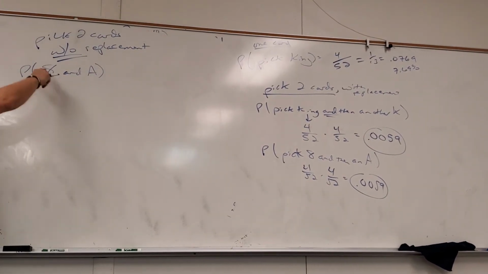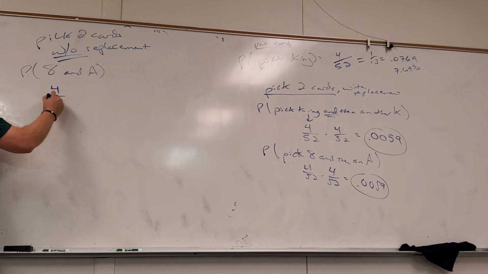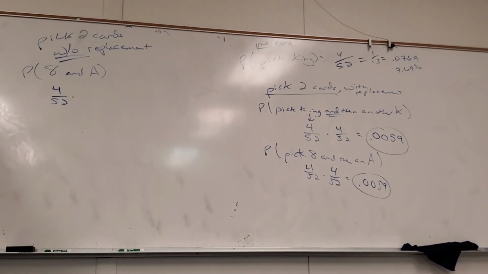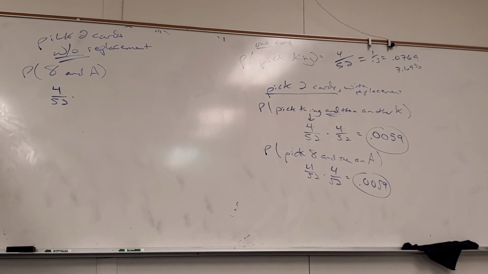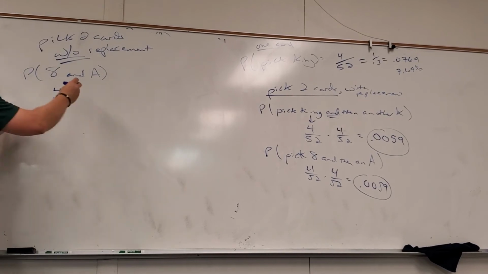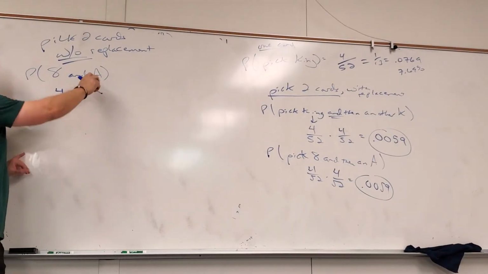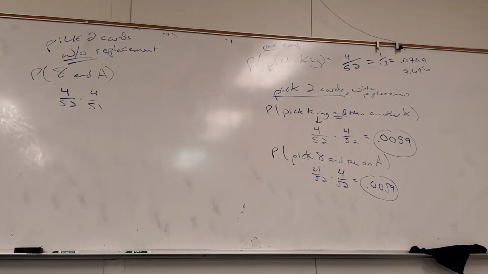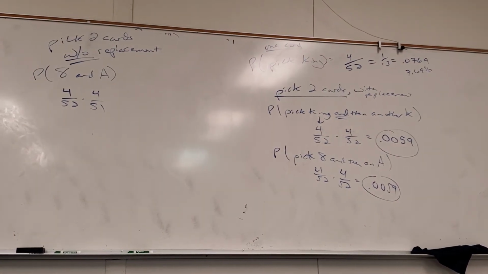Multiplied by the probability the first one's an 8 is 4 out of 52, but then I throw it away. I feel like I'm Gambit. Charge it up and throw it. If you don't get that, it's okay. It's still 4 aces, right? But it's going to be out of 51 cards now. Does that make sense? Because if I do it without putting the card back in, I got less cards.